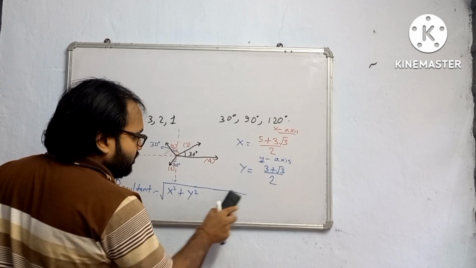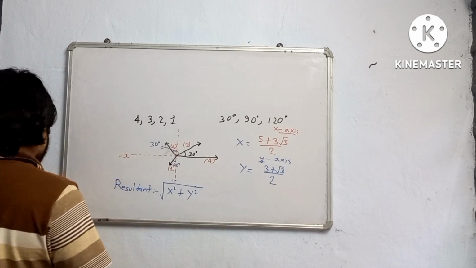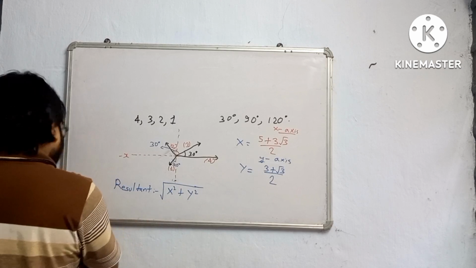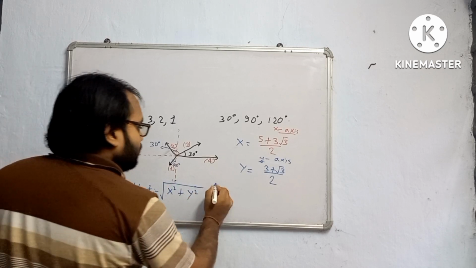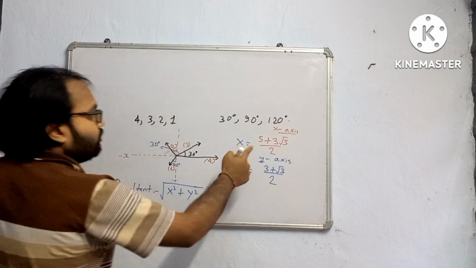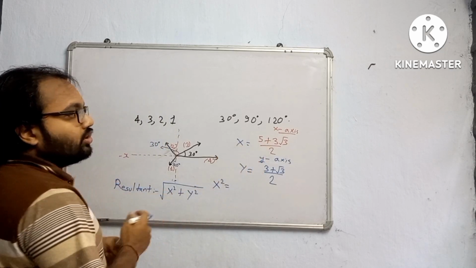Let us erase this. x square, how much will it become? x square is equal to (5 plus 3 root 3) by 2, squared.